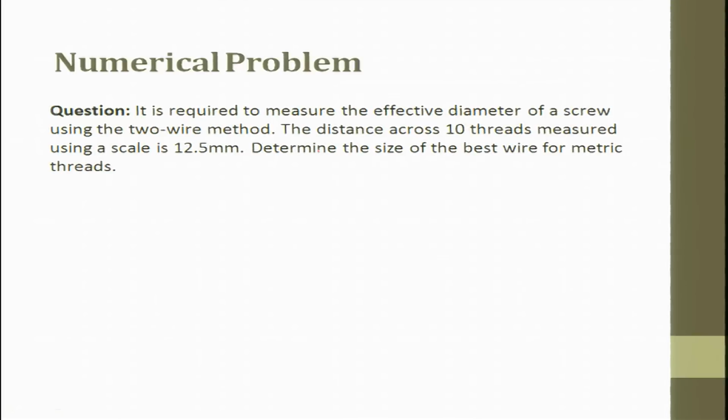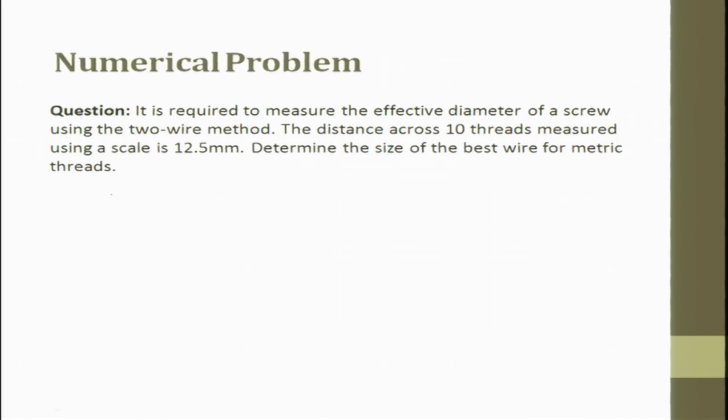We will try to do a problem and then proceed. It is required to measure the effective diameter of a screw using the 2-wire method. The distance across 10 threads measured using a scale is 12.5 millimeter. Determine the size of the best wire for a metric thread.